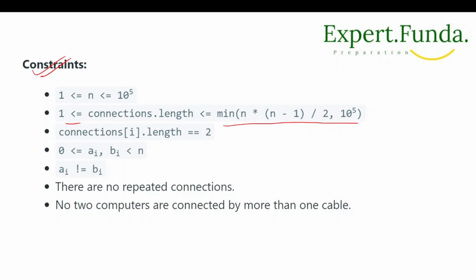So connections[i].length is equal to 2, and a and b are greater than or equal to 0, and a is not equal to b, and no repeated connections would be there. No repeated connection we have here, and that's why we are considering the last one as this one.